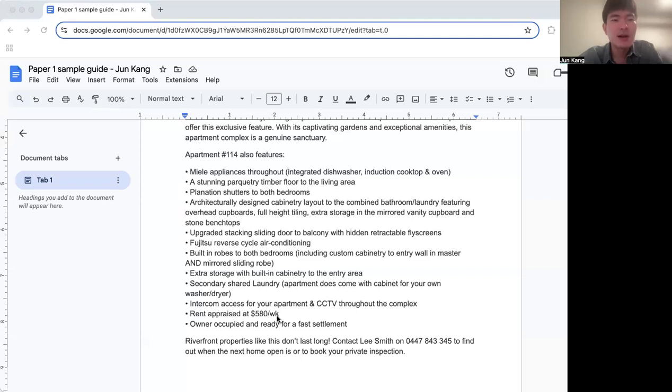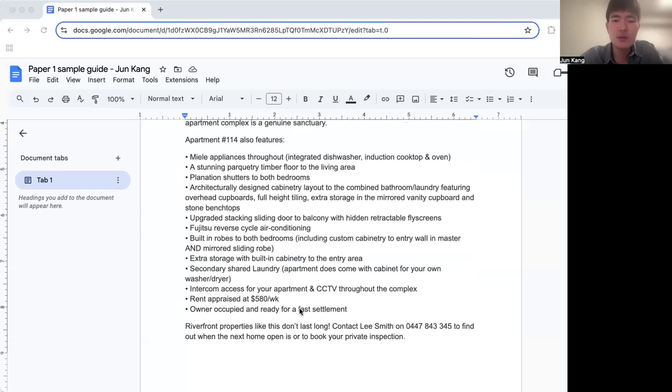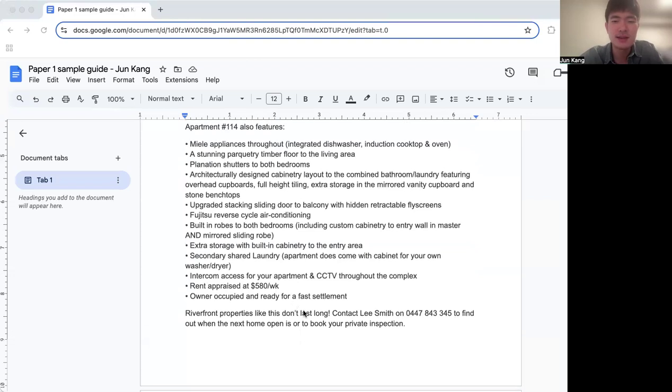So these are combining both the emotional appeal of the fantasy life in this apartment, but also the functional justification, right? And what these points culminate in: the advertisement ends with a persuasive push here because it ends with, riverfront properties like this don't last long, contact Lee Smith.